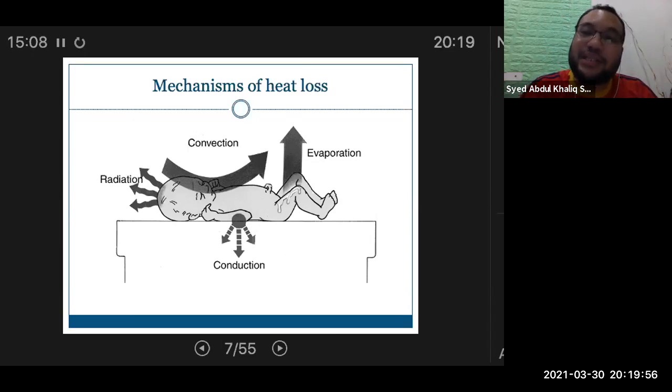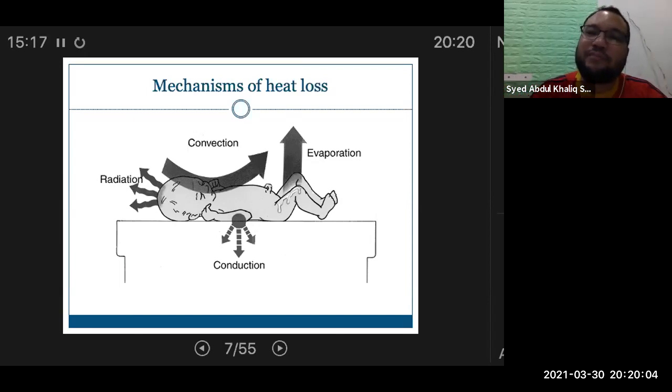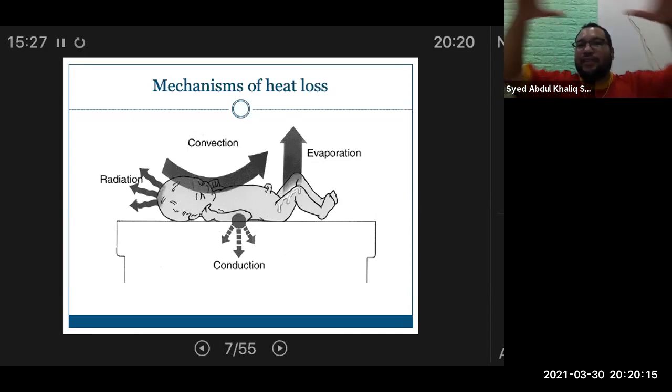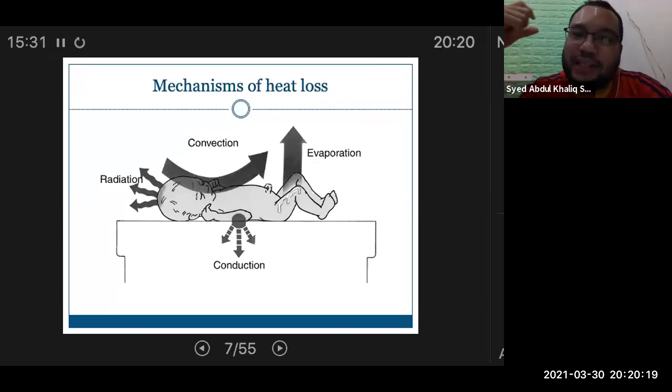Next is radiation, affected by the environmental temperature. That's why we call it a radiant warmer. The radiant warmer has a heater above, which creates a warmer environment. So it gives heat by radiation.